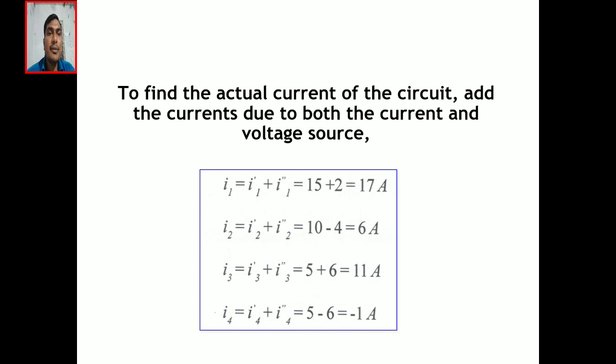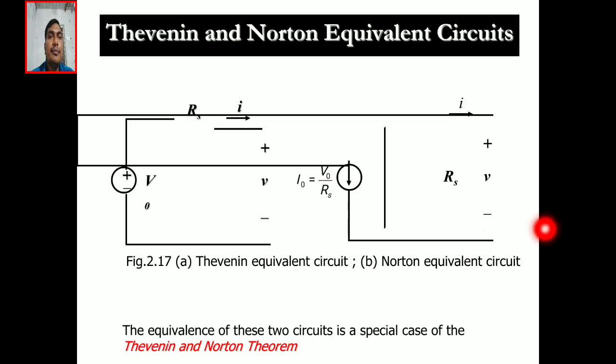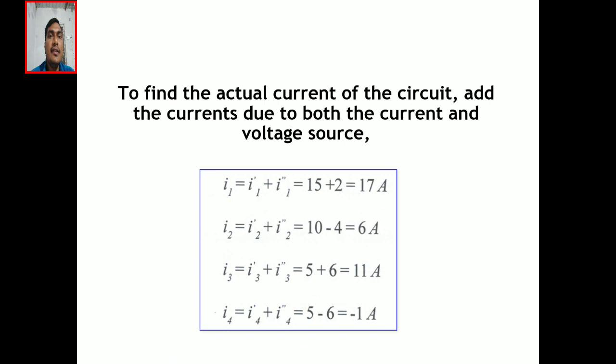For I1 in the first element, I1 dash plus I1 double dash. By this we can get the currents in each element. By using the superposition theorem, we can easily solve networks and many circuits. It takes less time compared to KCL and KVL. So this is the class for today.